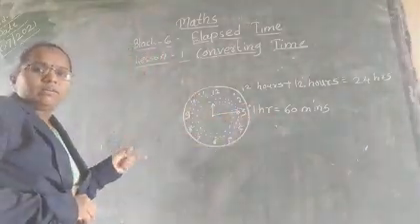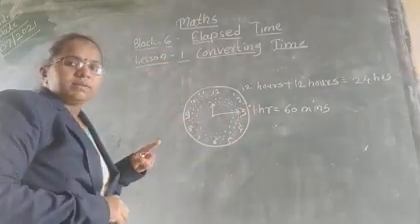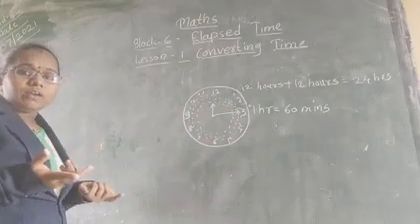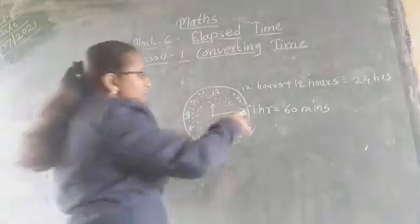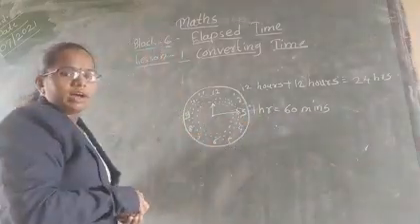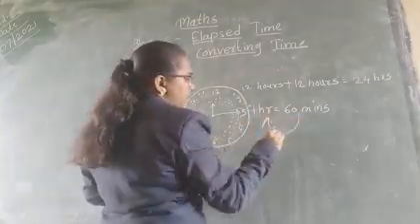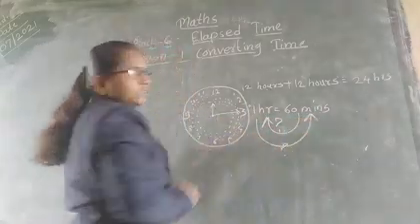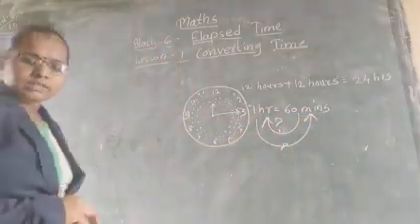Understand? But how do we convert hours into minutes and minutes into hours? Do you have any idea about this?